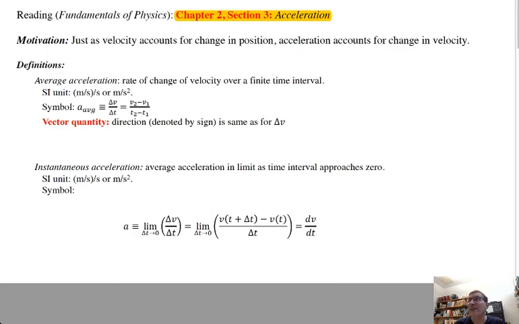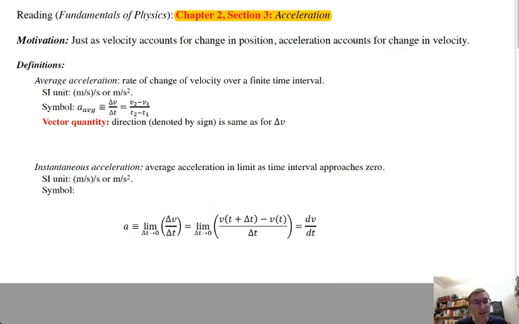An example of accelerated motion, where an object has a change in velocity that would be pertinent to this chapter, Chapter 2, Motion Along a Straight Line, would be one that I've mentioned before. Imagine an airplane sitting at rest at one end of the runway, waiting for its clearance to take off from the control tower. So its velocity while it's sitting there on the runway is, of course, zero.